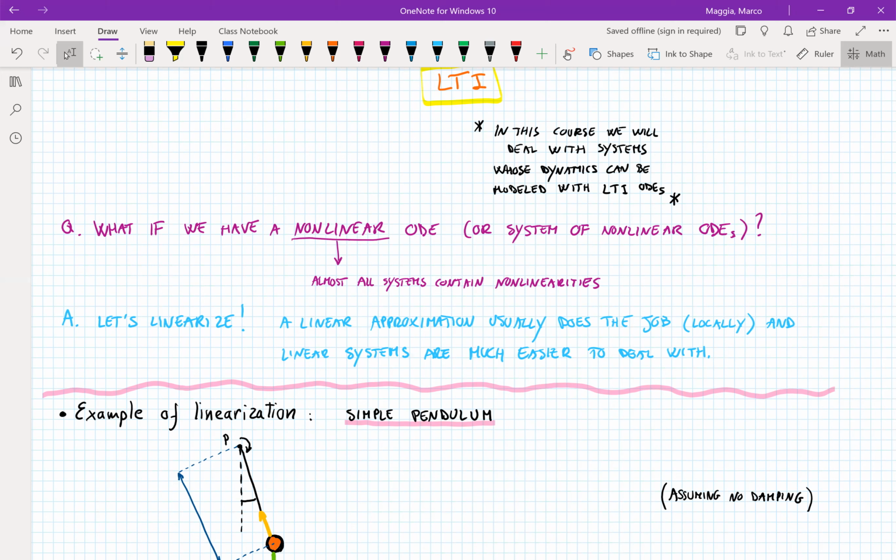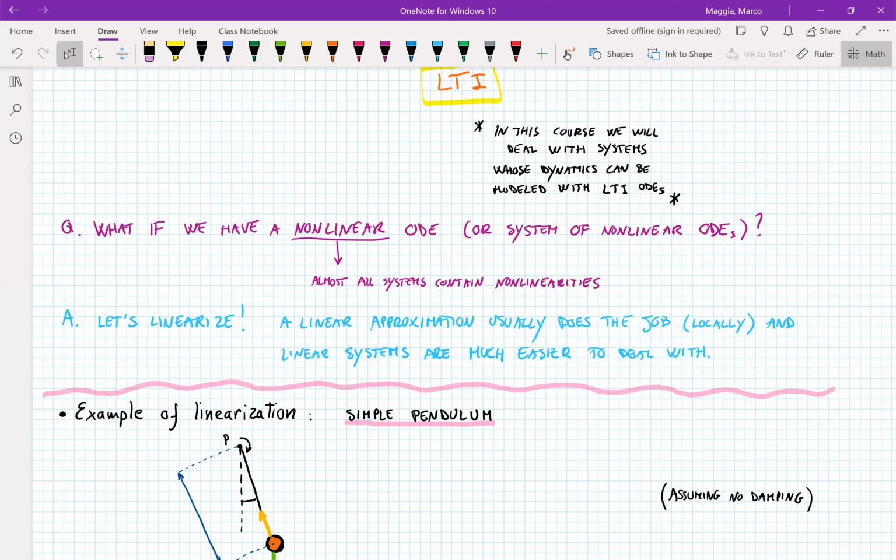The approximation is quite good most of the times, only around the reference point though, because if you change the reference point, especially if the system is highly nonlinear, then the approximation wouldn't be good anymore.